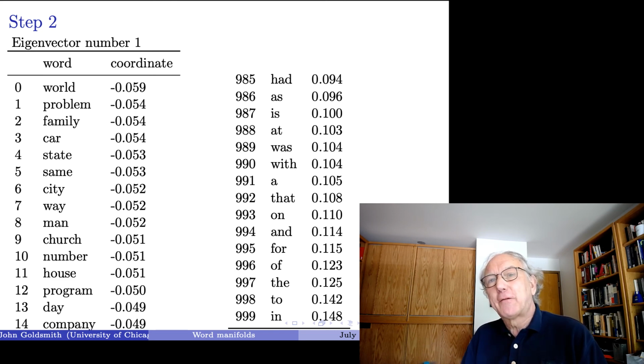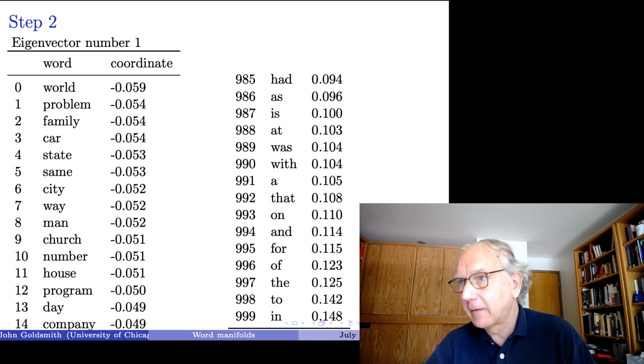So what the first eigenvector has pulled apart is it's put lexical words at one end, in this case all nouns, to me surprisingly, and at the other end it has put all of these high-frequency grammatical morphemes. So that's, in a sense, the biggest contrast that this eigenvector decomposition notices. All right, let's move on to the next.